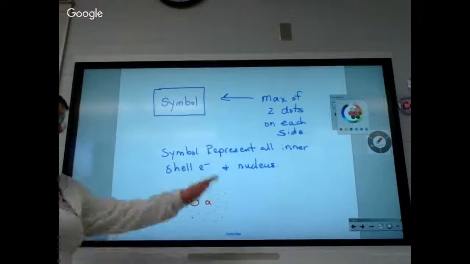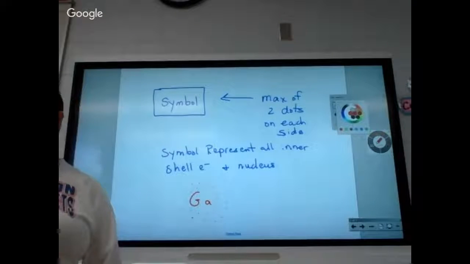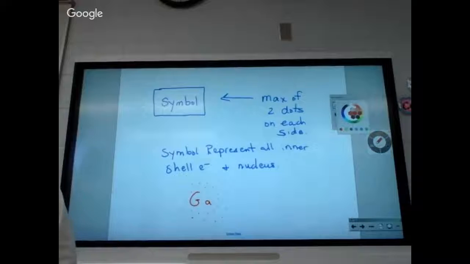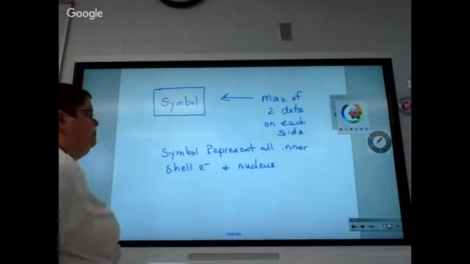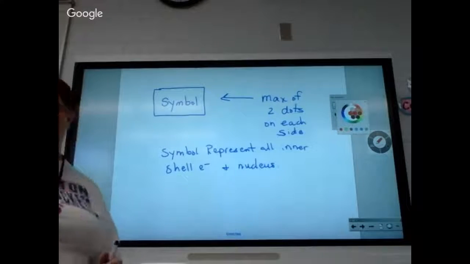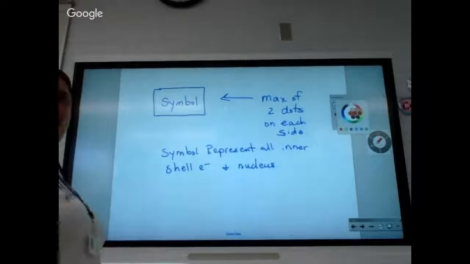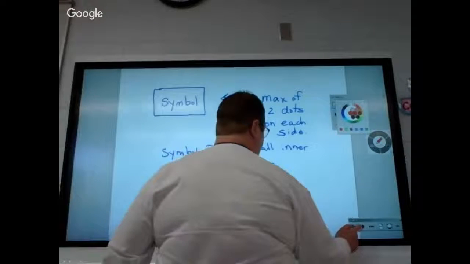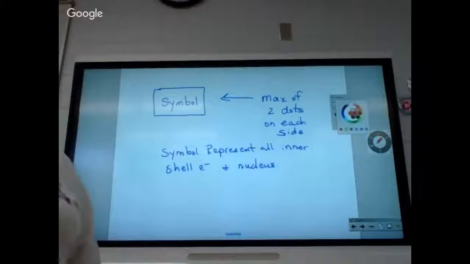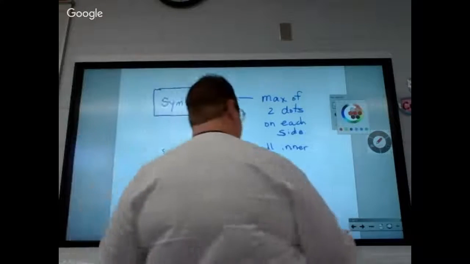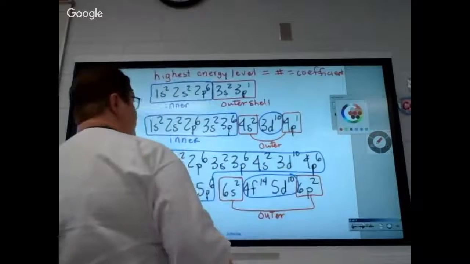Don't draw me rings around an element. You can't have more than 8. So guess something between 1 and 8. Everybody good on that? Don't do that stupid stuff. Don't draw rings. Yeah, butterflies would be good.